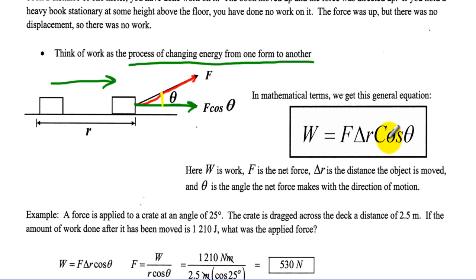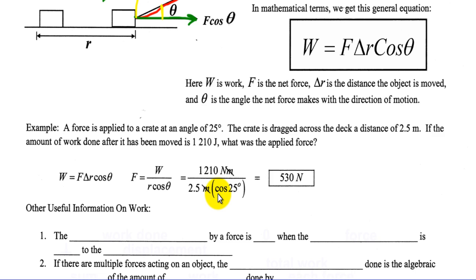Now the cosine theta is just generic. Realize it could be sine theta depending on what angle they give you. If this box was moving vertically, then it would be the sine of theta instead of the cosine of theta. So it's a place to start, but don't blindly use cosine theta.